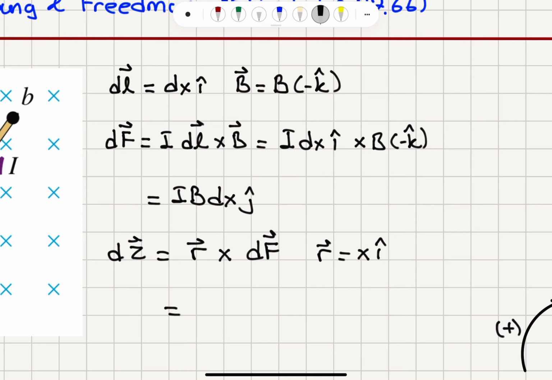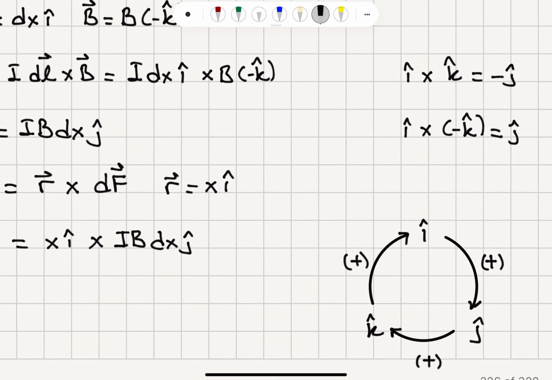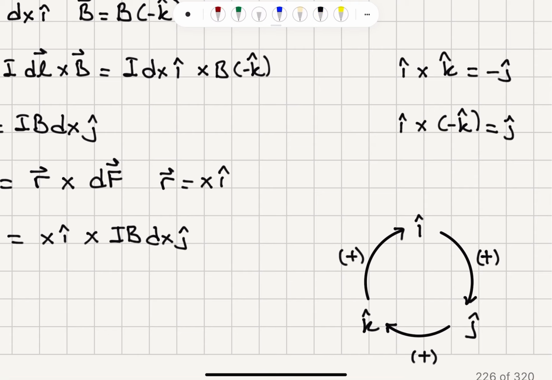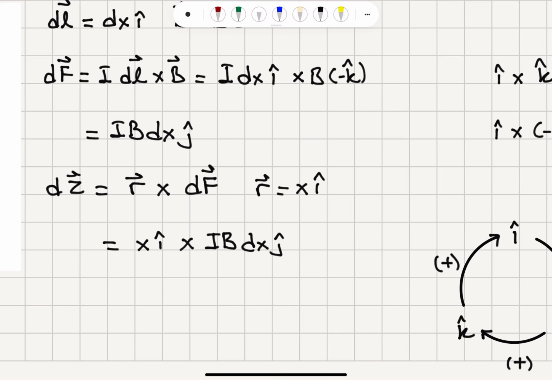So we see that x i hat cross product with dF, which is I B dx j hat, will give me the torque. Now, what is i hat cross j hat? I hat cross j hat is k hat, that's the positive direction.